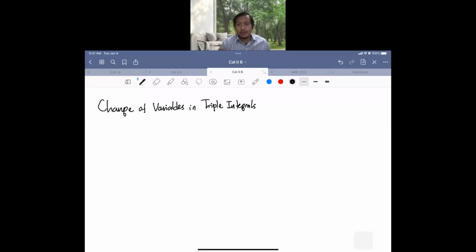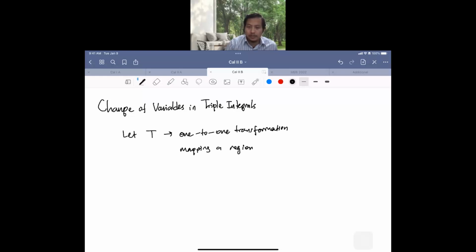So first, as usual, we need to let the transformations be one-to-one transformations, mapping a region, let's say a region S, in U, V, W space, onto the region R in X, Y, and Z space.